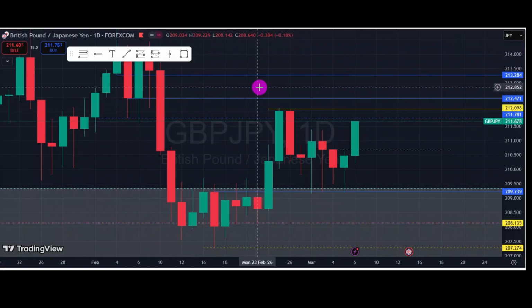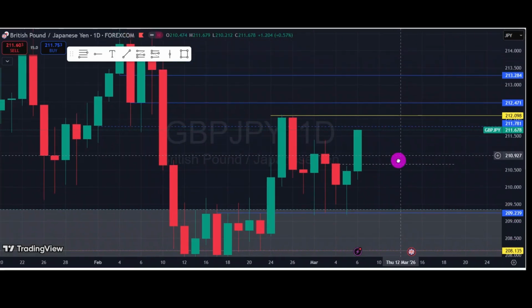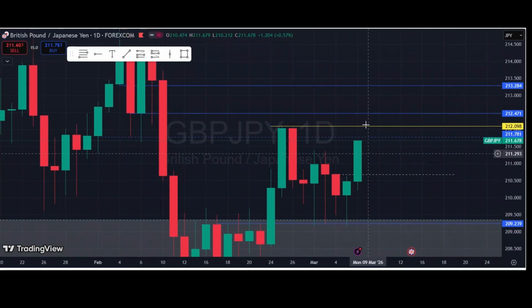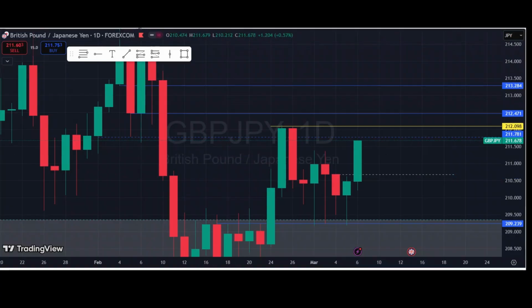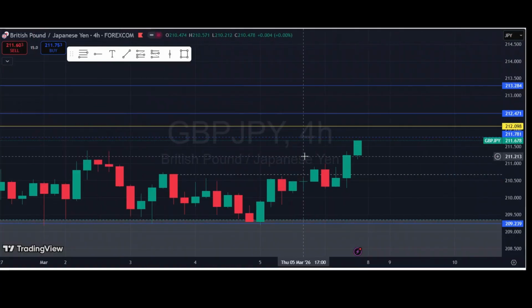So this level represents the upside liquidity target if price continues expanding higher on British pound JPY, whereby our key reaction zones remain the order block on the daily, 210.6, and the previous weekly low, 210.27.